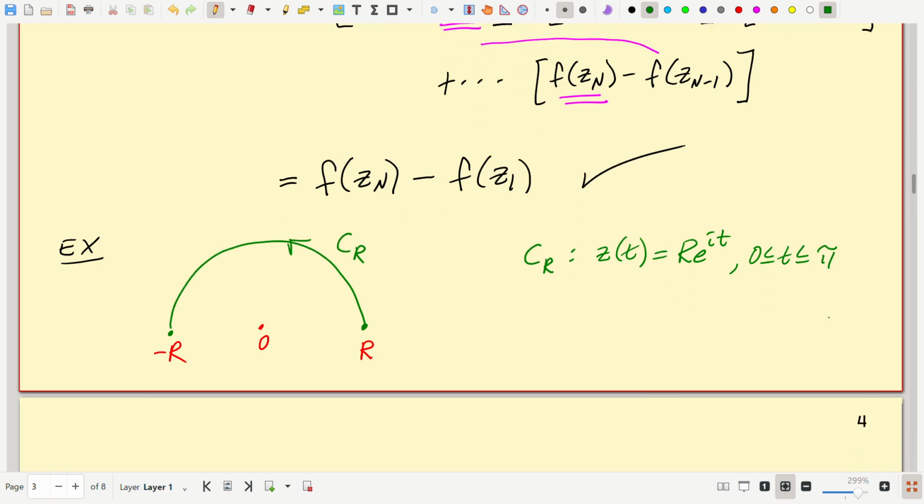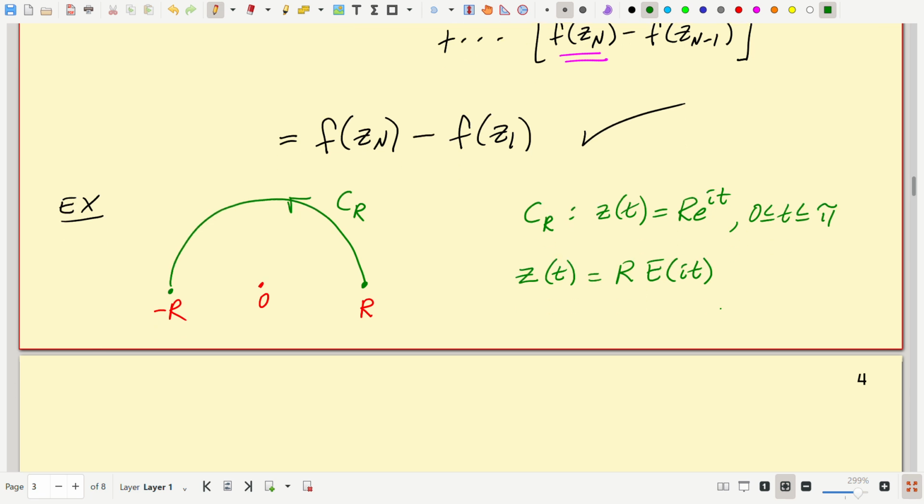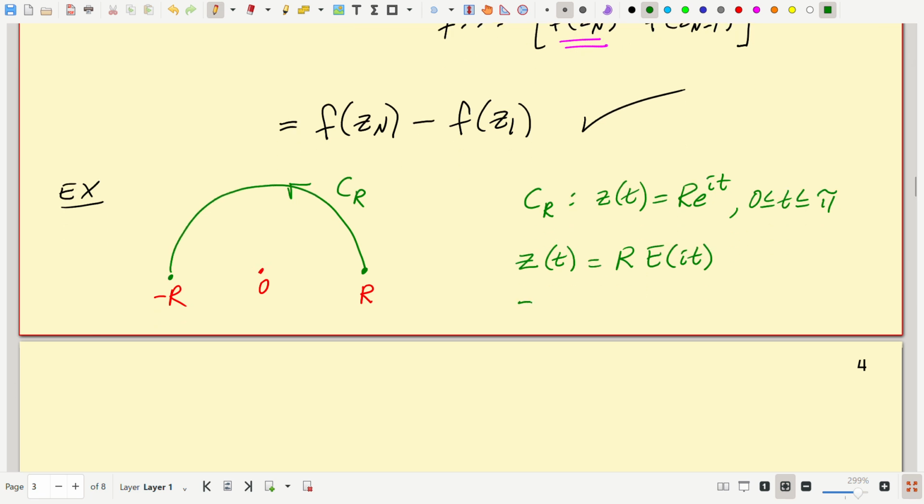And now look at this. My z of t is equal to r times e to the it. I told you I'd never write that again, but I'm going to do it today because I'm going to use the chain rule to calculate z prime of t.